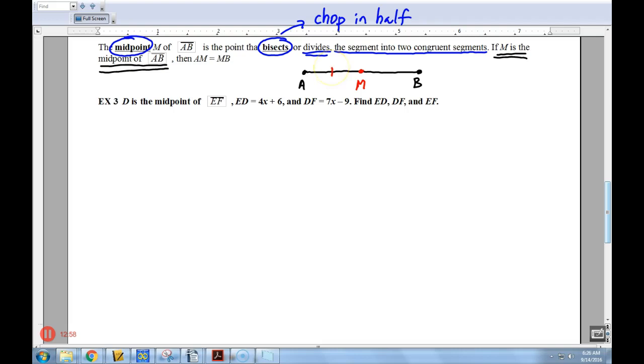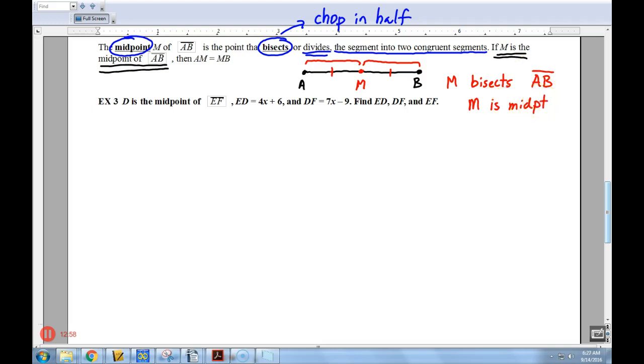And the distance from A to M, this distance right here, has to be the exact same as the distance from M to B. If these two distances are the same, then I know it's a midpoint. Another way to describe this picture is to say that point M bisects segment AB. If that's true, then I know that M is the midpoint, and a lot of times I just put MIDPT for short.